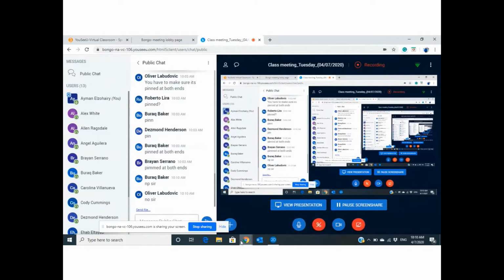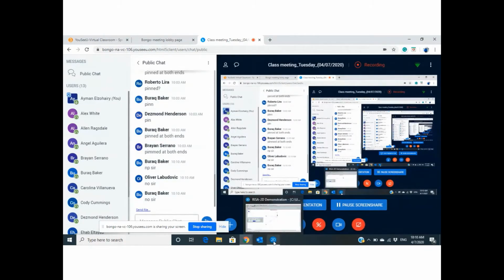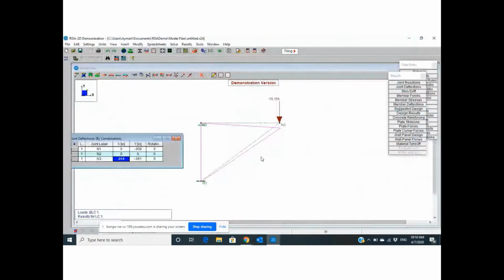So please, during your homework 8, I need you to show me this picture and what the value is here. And you should draw the deformed shape with your hand calculation and your values. So I need to make a comparison.